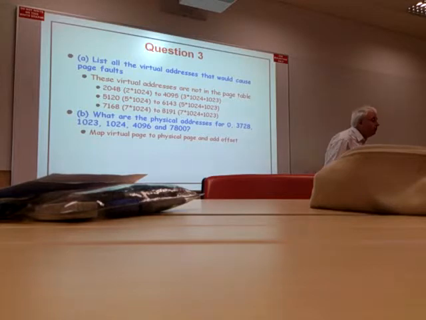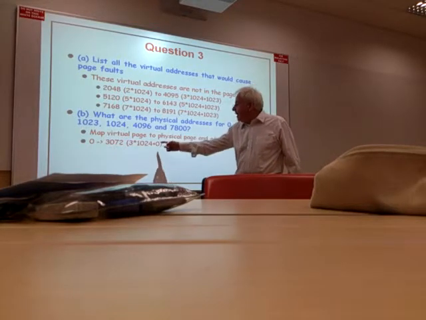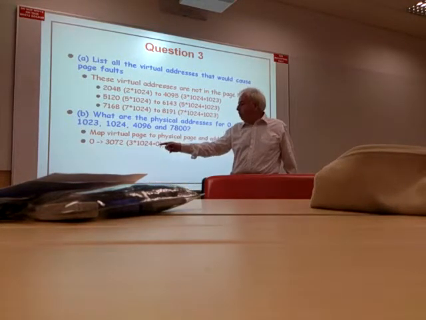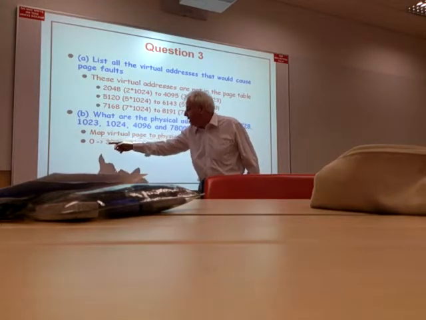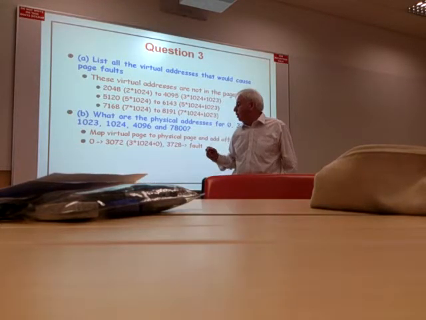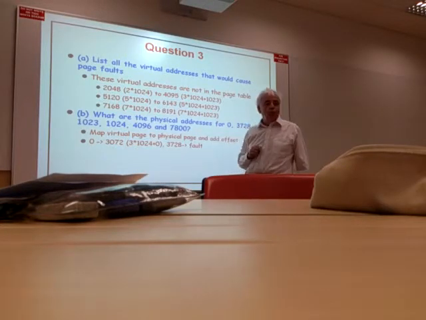3 times 1024. In this case the offset is 0, but virtual page 0 is mapped to physical page 3, so the physical address is 3 times 1024.